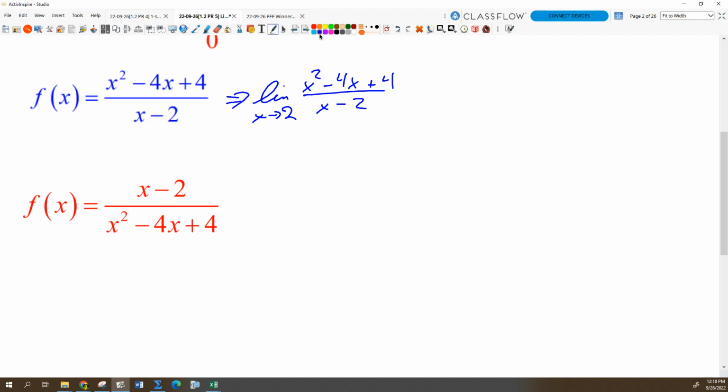So what do we do? We factor the top, correct? What does the top factor into? Okay, x minus 2 times x minus 2. So the quantity x minus 2 squared over x minus 2 as x approaches 2.